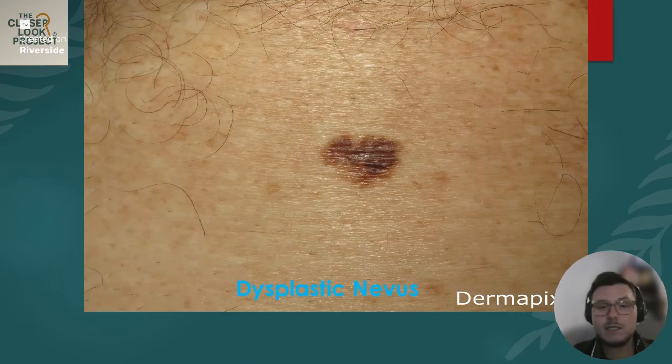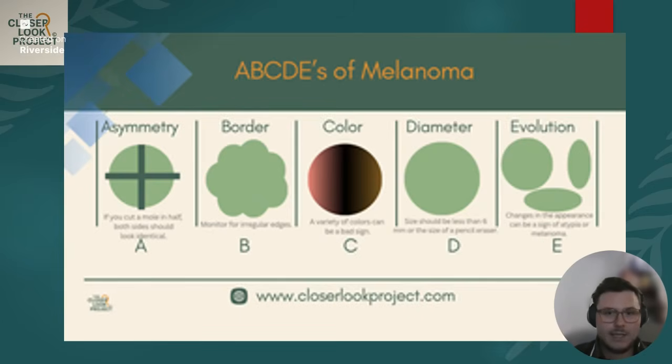This is the same type of conversation that we had about benign moles or benign nevi. It is too hard to determine based on your experience. So if you are concerned, you should refer these clients to a provider for proper evaluation. I always recommend using the ABCDEs. And again, if they meet 2 out of 5 criteria, you should refer them to a provider in the clinic, a referral network program. So this is our ABCDEs of melanoma.